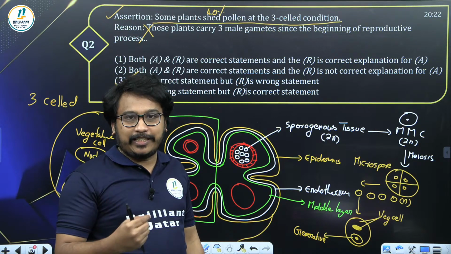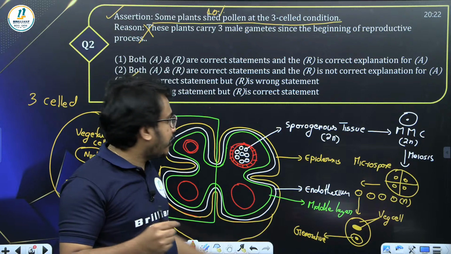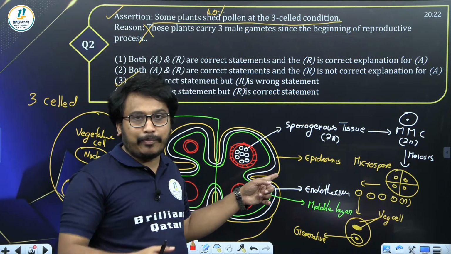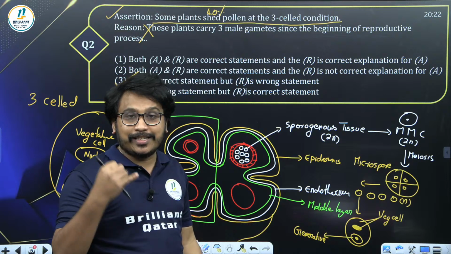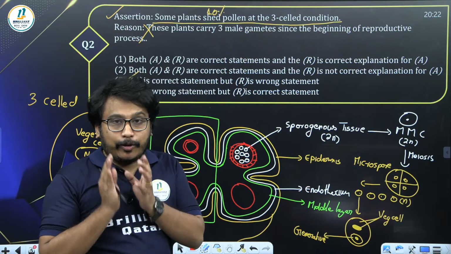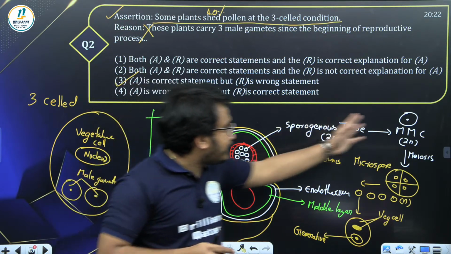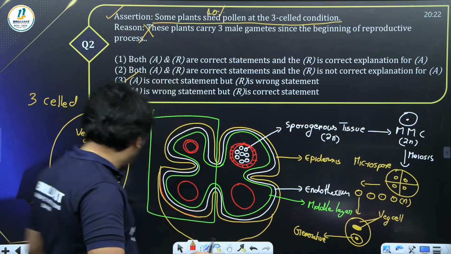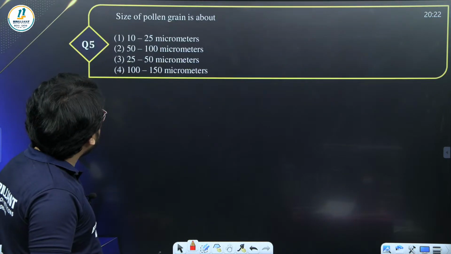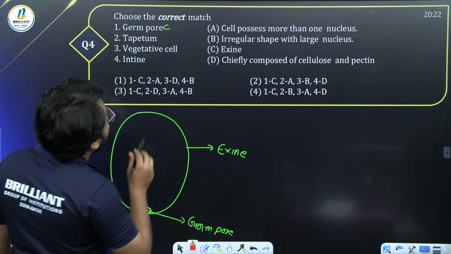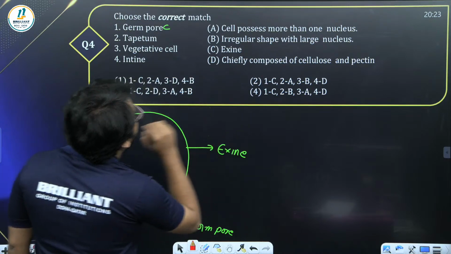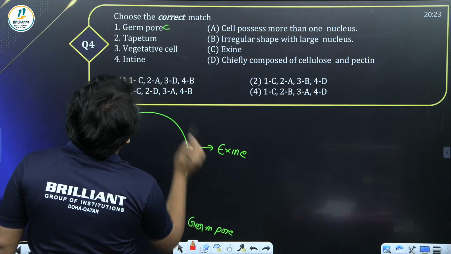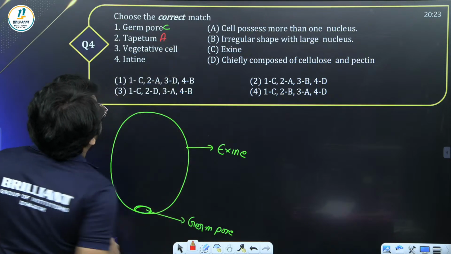Tapetum is a nutritive tissue. They are multinucleated. They provide nutrition to the sporogenous tissue and the developing pollens. They provide nutrients, they also secrete enzymes, and they also produce hormones that are essential for the microsporogenesis that is occurring. So tapetum will be cells with more than one nucleus.